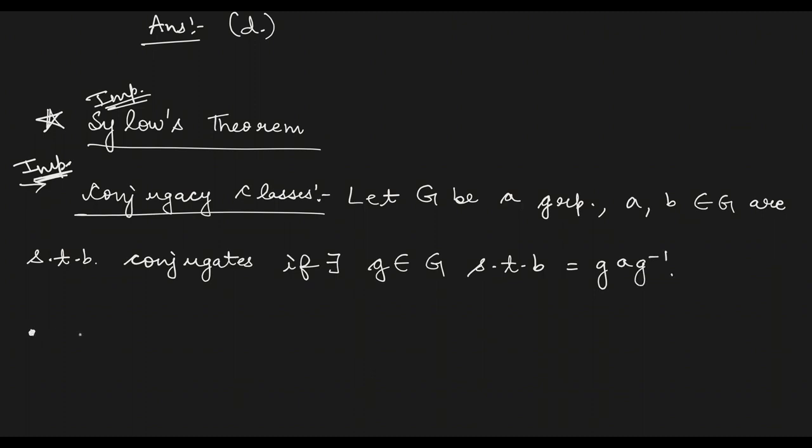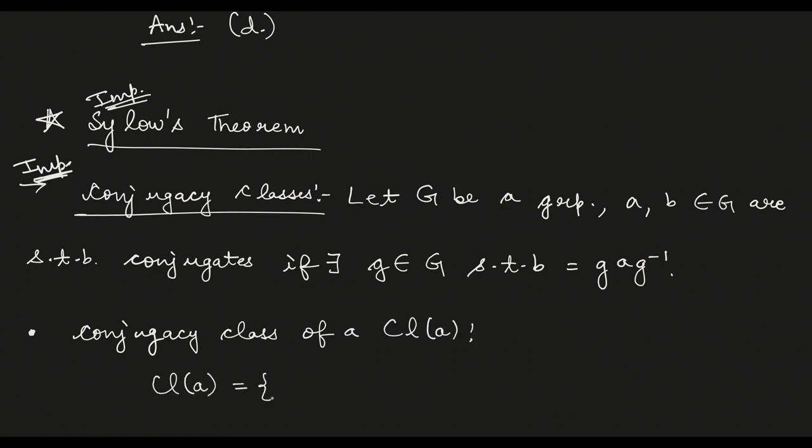Now the conjugacy class of A will be denoted by cl(A), and it will be given as gAg inverse such that g belongs to G. So the conjugacy class is given by these conjugates.